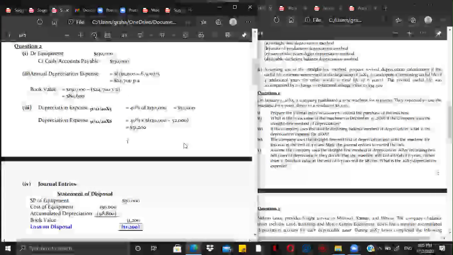Or you could just simply, if you did it like me and had the accumulated depreciation and net book value in one table, subtract the 86,400 from the previous 216,000 net book value, which would give you the same 129,600. It makes it easier if you have both tables. The net book value at the end of 20x3 was 129,600.